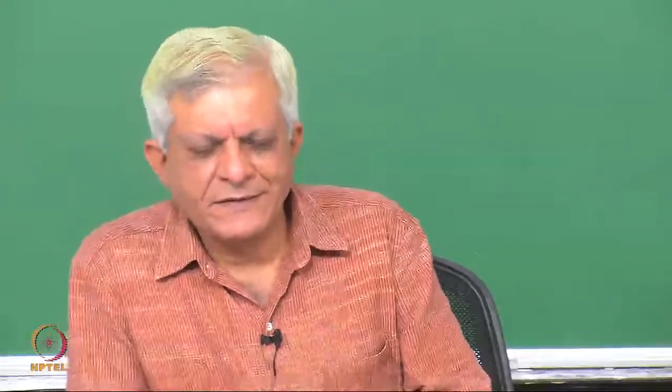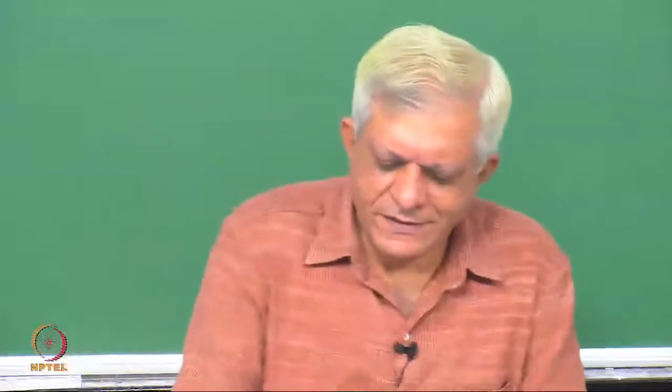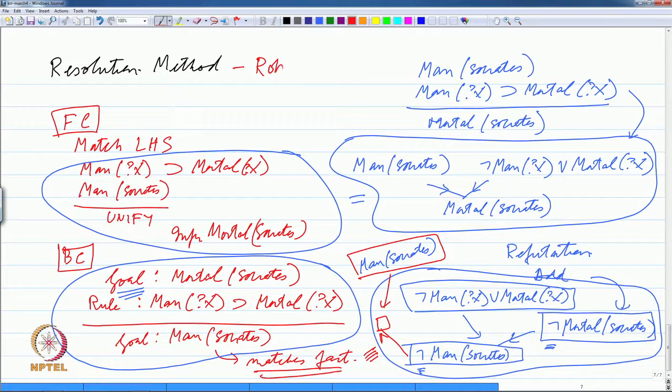For the sake of completeness, and this we will come to in the next class, it was shown by Alan Robinson, who invented this method in 1965, that the method is complete if you want to show that some formula is unsatisfiable.